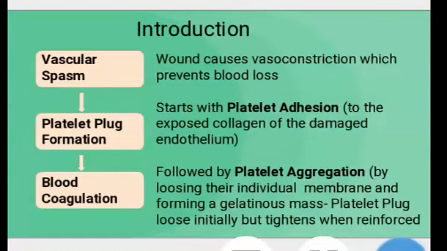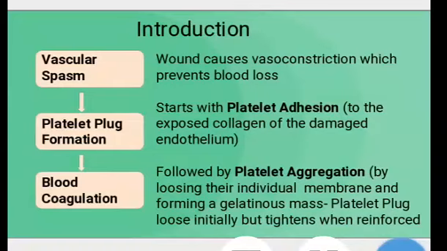After that there is platelet plug formation. That means after vasoconstriction, vessels start to dilate, in which platelets adhere to each other and start to aggregate at the site of injury, and due to platelet aggregation, the blood clotting process is started.